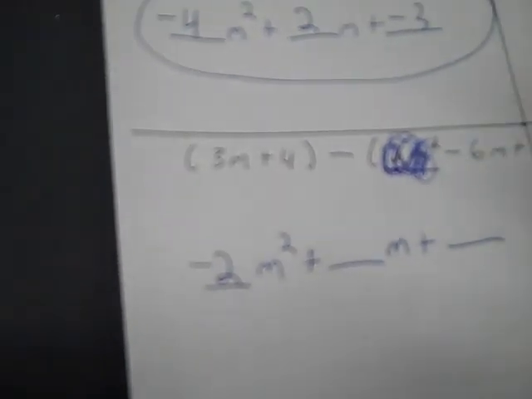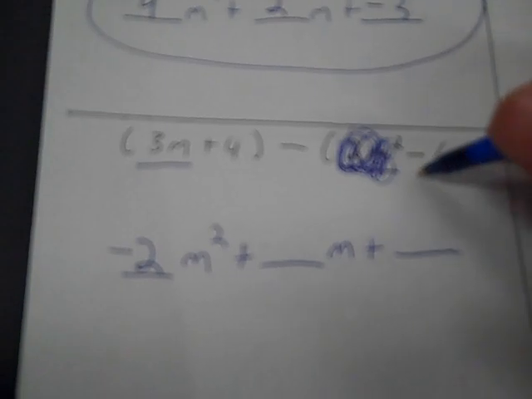Okay, now for the regular m, I have 3. The minus, okay, hold on, I need to underline them first. We have 3m, and then I have m right here, negative 6. So I'll be taking positive 3 minus negative 6. It's like 3 plus 6, which is 9.